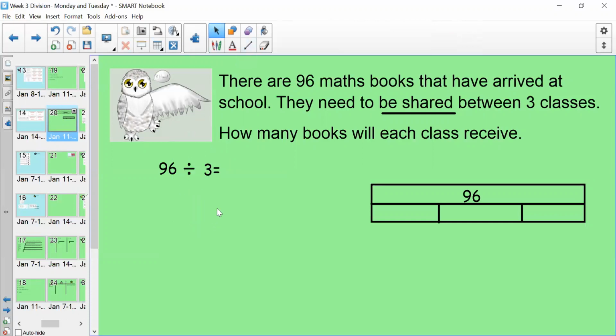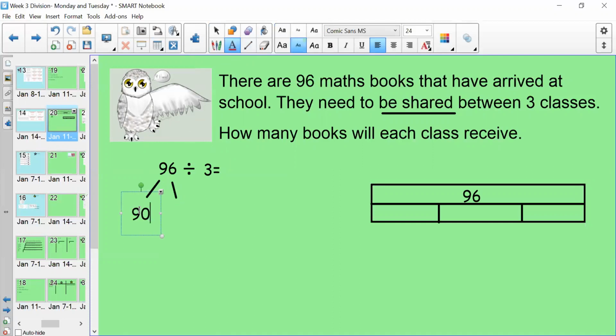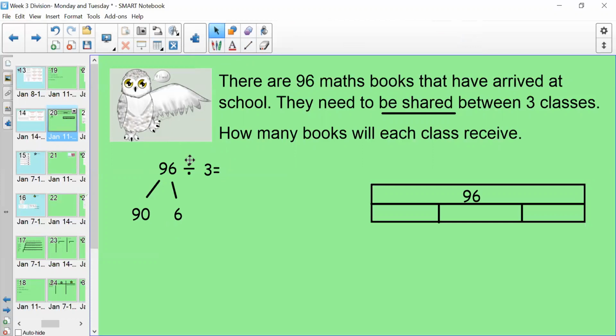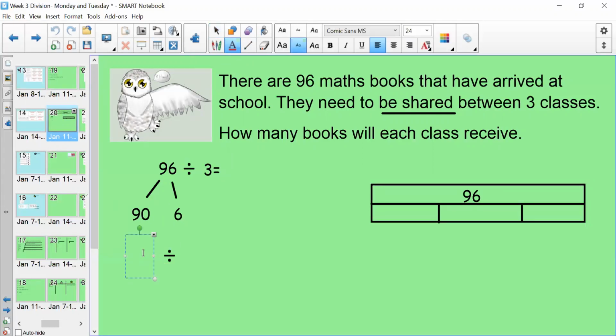Okay, so yesterday we learned to divide through partitioning. So some of you might have chosen that method, which was obviously absolutely fine. So if you had partitioned it, we would have got 90 and we would have got 6. Then we would have done 90 divided by 3. We could have used our known facts. So we could have done 9 divided by 3 is 3.